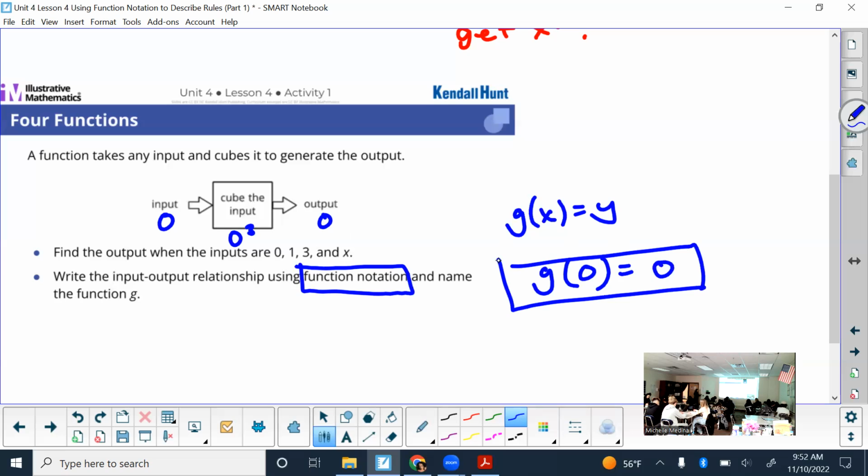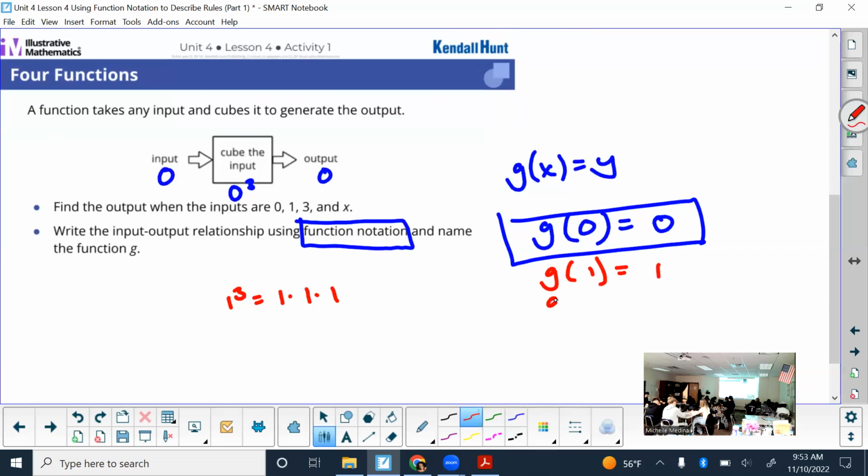All right, what about when the input is 1? What's my output? Good. So 1 times 1 times 1. And then when my input is 3. Good. That one is 3 times 3 times 3.